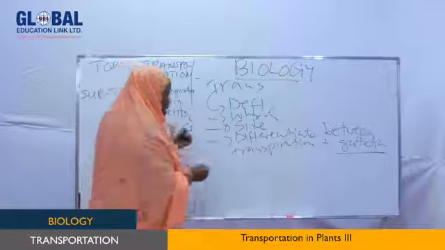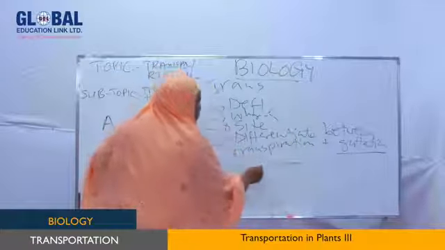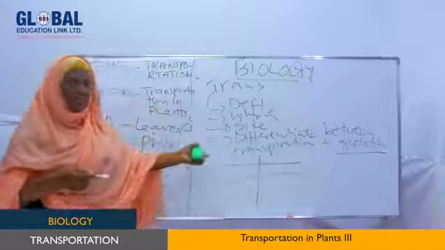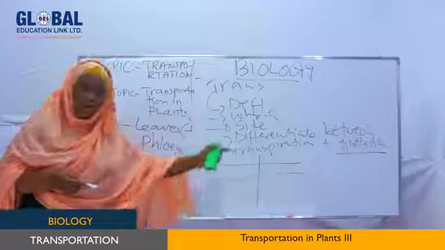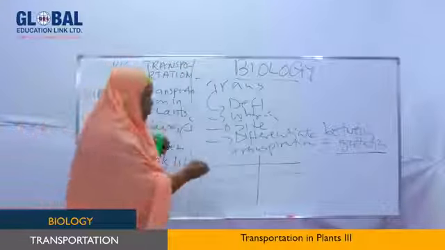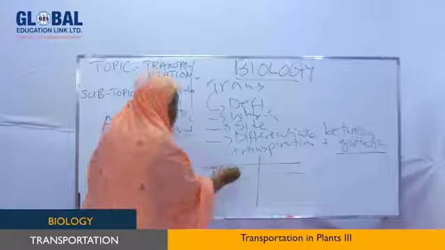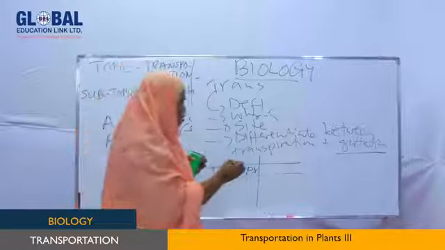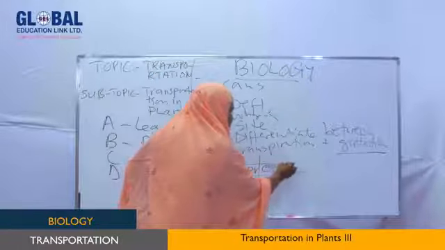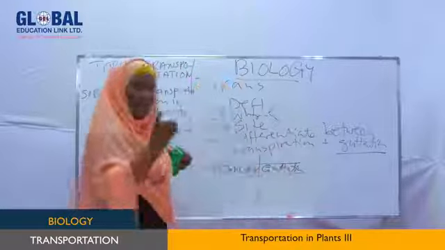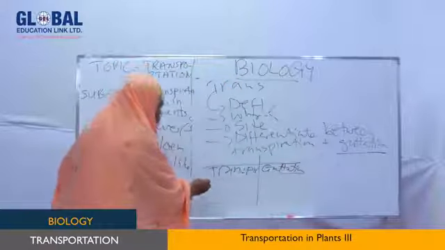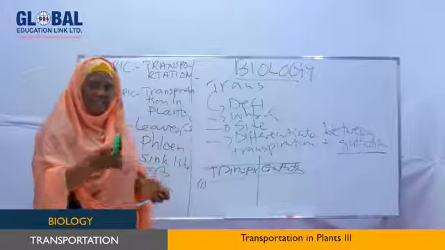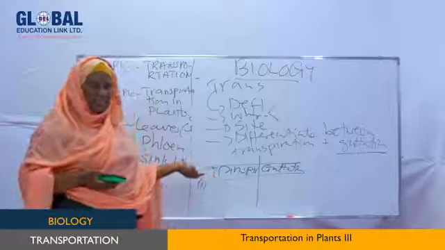You can construct a table. You can distinguish using a table with 2 columns. Column 1 for transpiration and column 2 for guttation. Then you are supposed to point out your points based on the differences between these 2 processes.